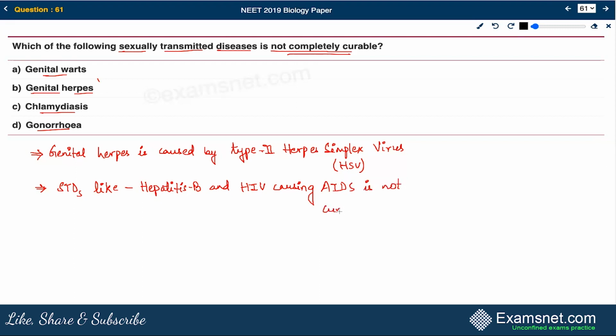So that's why the correct answer here will be option B. However, genital warts, chlamydiasis, and gonorrhea are curable. Clear? Now, let's move on to the next question.